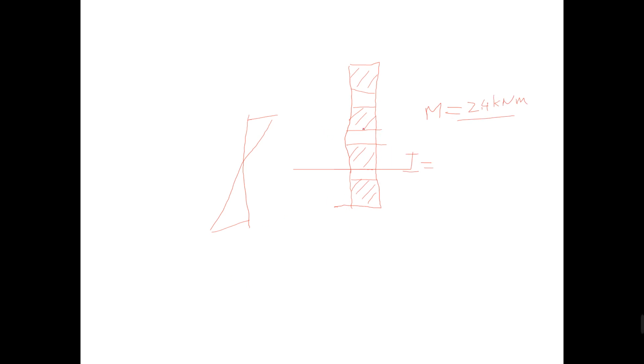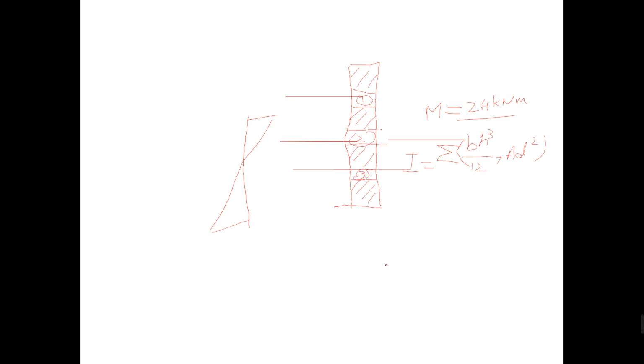For I, we have the equation, summation of bh cubed by 12 plus A d squared. Here we have one big solid rectangle minus this, minus this, minus this.